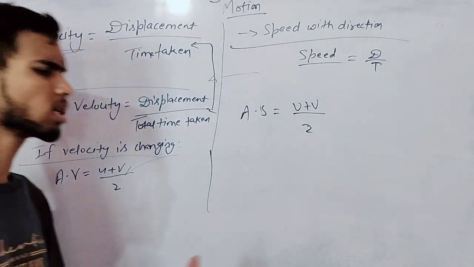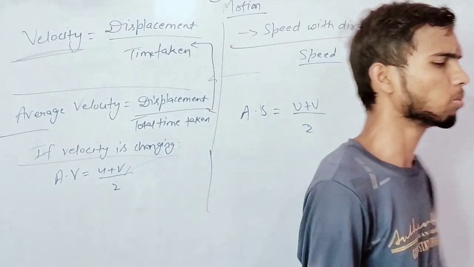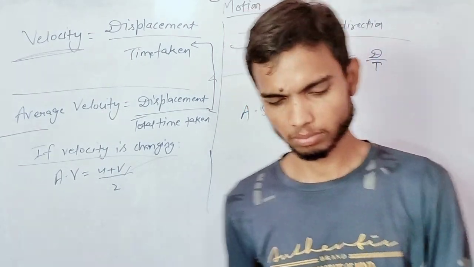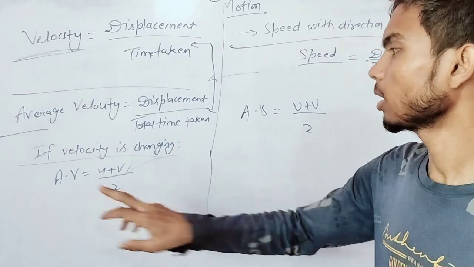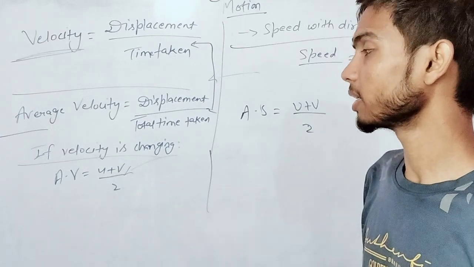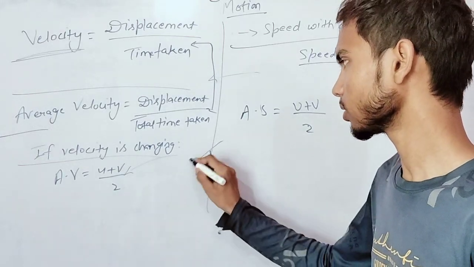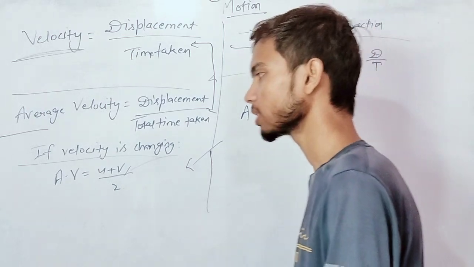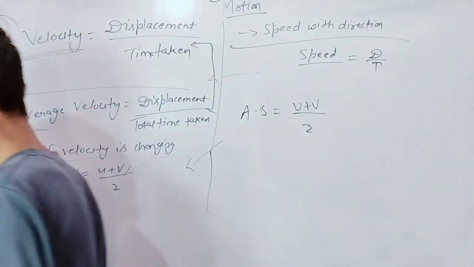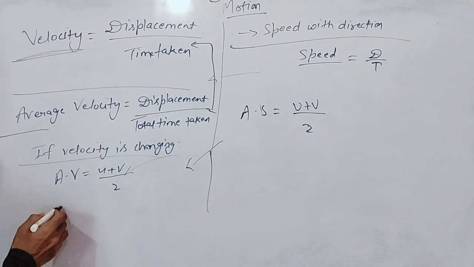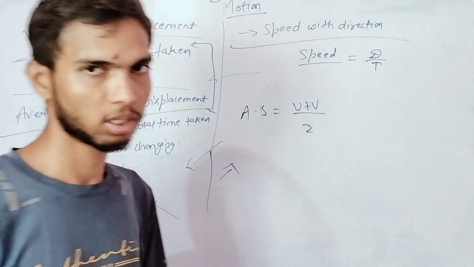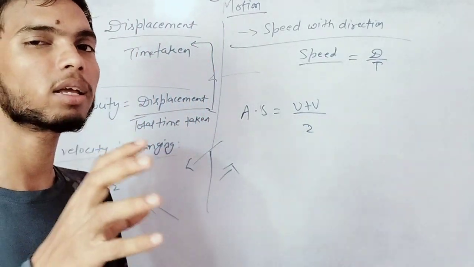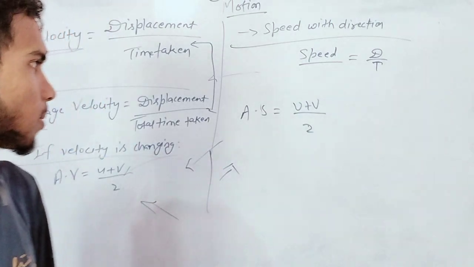I know both seem equal, but the difference is just distance. In one case the distance word is coming, but in the other the distance word is not coming. This is a major difference between them.